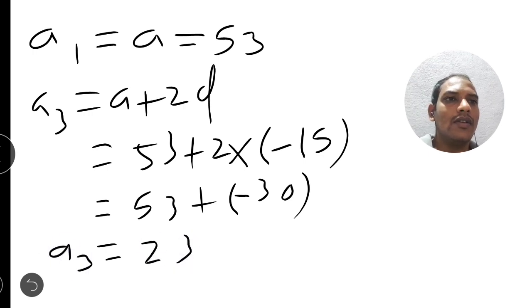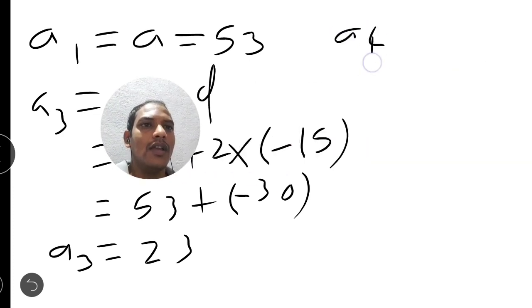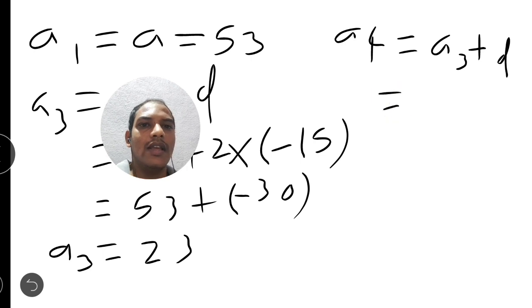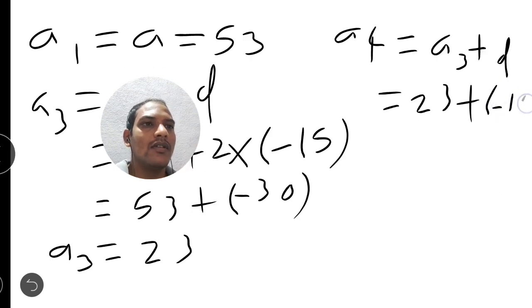So the A3 value is 23. Next, A4. A4 is A plus 3D, otherwise A3 plus D. So the A3 value 23 plus the D value minus 15. So 23 plus minus 15 is 8.